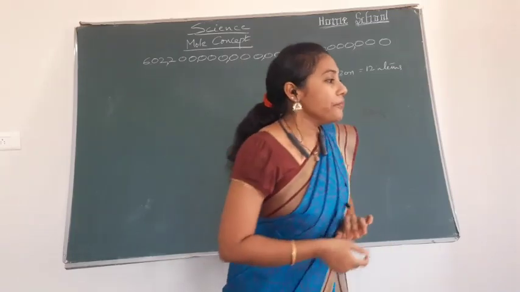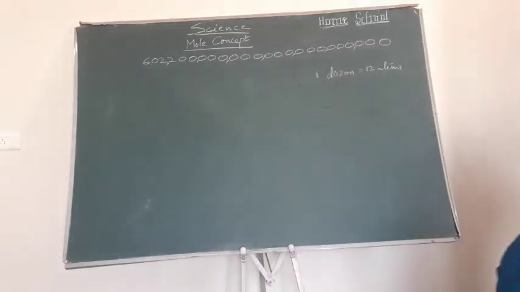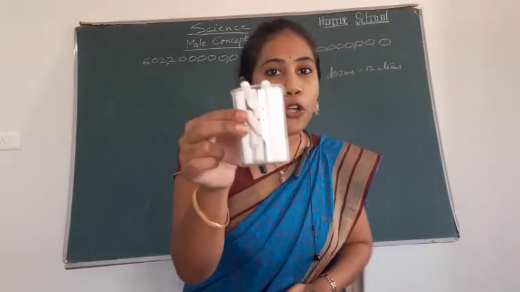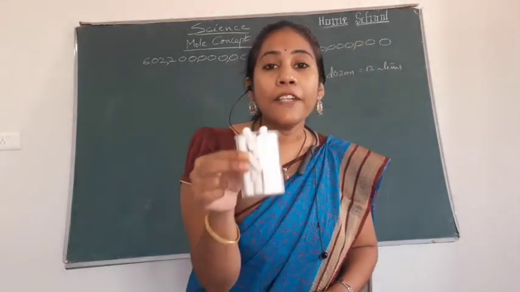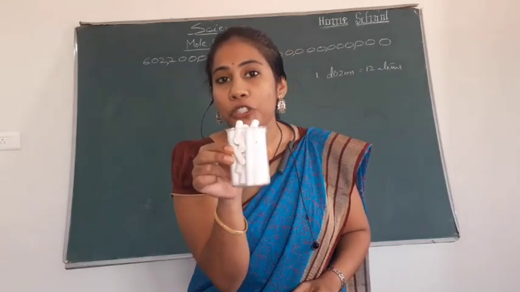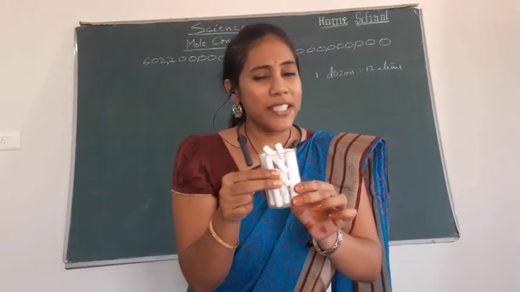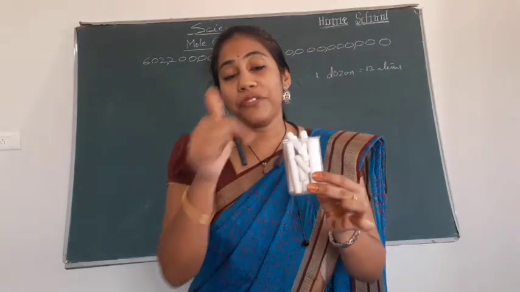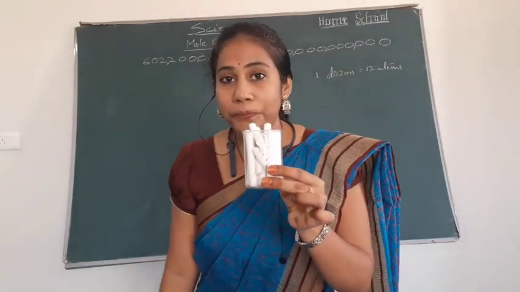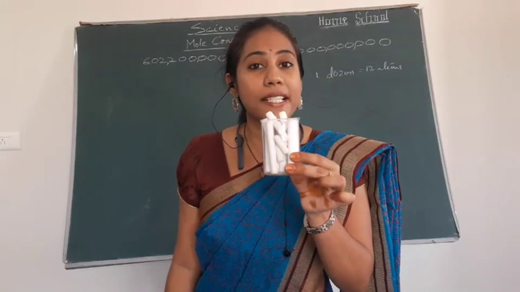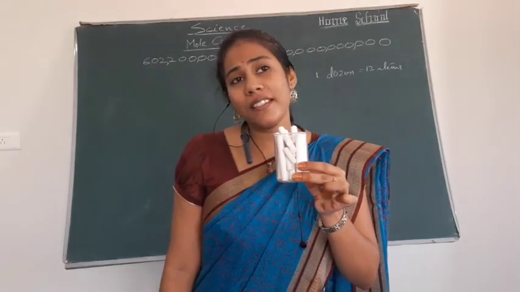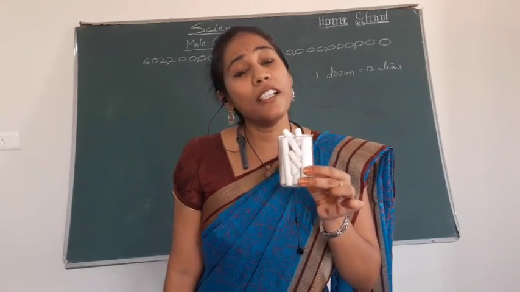Right? Fine. And now I have got one more item for you. See. I took a few chalk pieces in a beaker, and if I tell you to count how many chalk pieces are there, it's difficult for you to count. And I'll tell you, I have taken 20 chalk pieces here. Okay, I took 20 chalk pieces in a beaker. So instead of saying 20 chalk pieces, I can use a term called score.